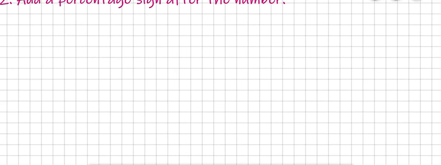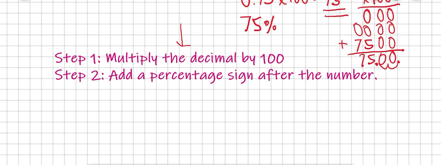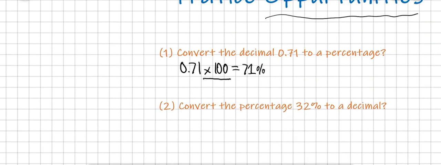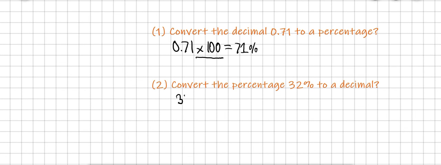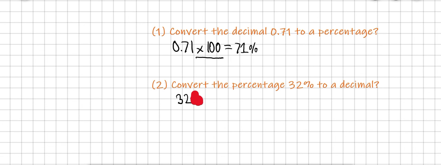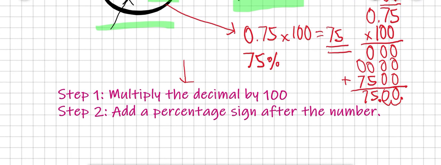If we refer back to our steps, step 2 is add a percentage sign after the number. So what we have to do here, we have 32%, we have to remove the percentage sign. Let's just get rid of that, so it just gives us 32. And now, we have to do step 1, multiply by 100.